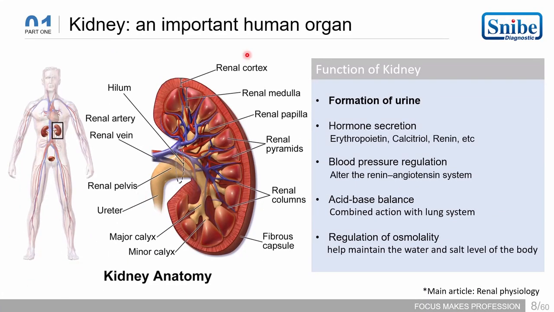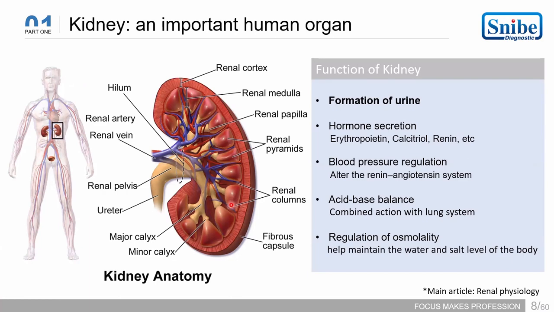This is one of the vital organs of the human body. If we talk about kidney anatomy, there is an outer layer called the fibrous capsule, then the inner layer called the renal cortex, then the renal medulla, the renal papilla, and the renal pyramids, and the renal column has stems for the filtration.